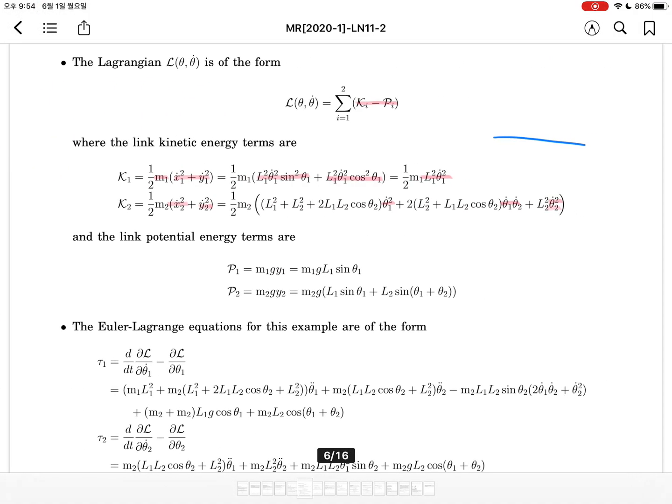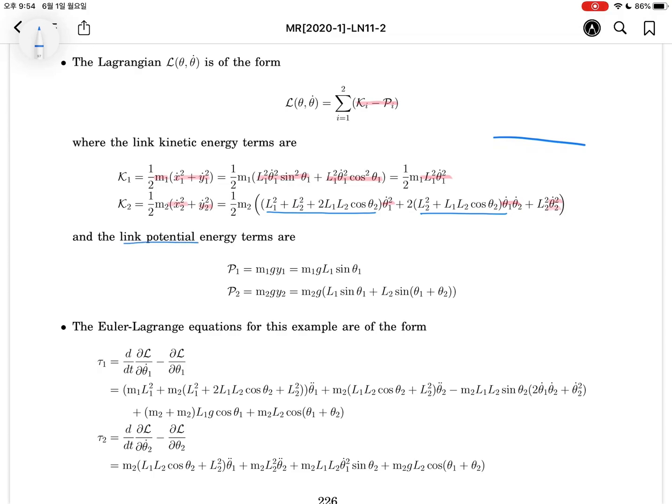I think we have this equation. Please check the correctness and let me know whether it is correct or not, okay? Anyway, the two-vector sum of linear velocity can be used to determine the kinetic energy of the second mass 2.